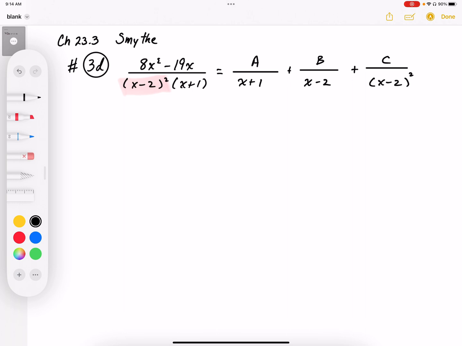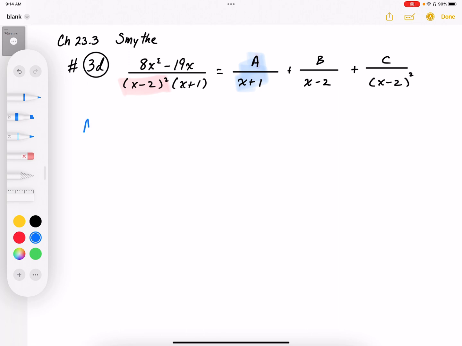So when I get my common denominator, I'm going to color code it this way. For the x plus 1 term, I need to multiply the top and bottom by the x minus 2 factor.